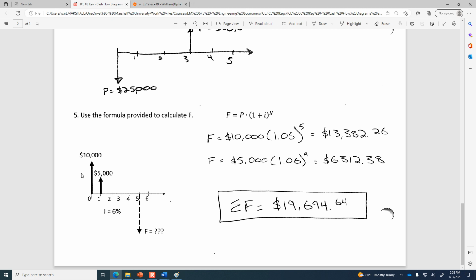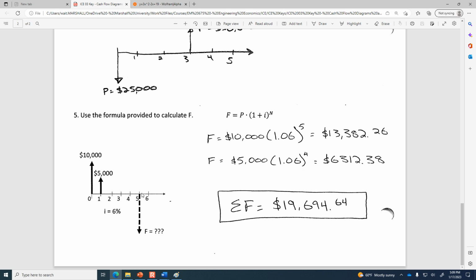After we finished with the 10,000 amount, we said, just temporarily, let's pretend that this is time 0. And so when we did that, to move it to the future, if we have this quasi-present, which is really at time 1 but we're treating it like the present, then n equals 4 to get that amount 4 years in the future.